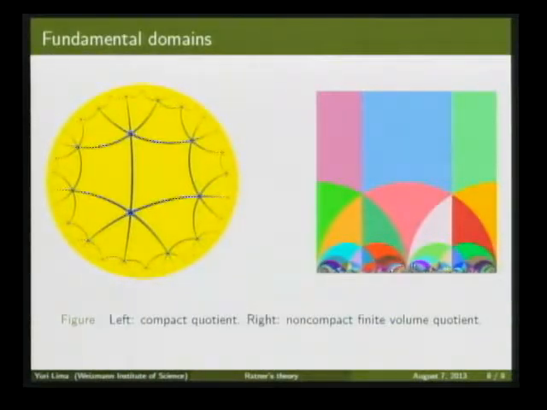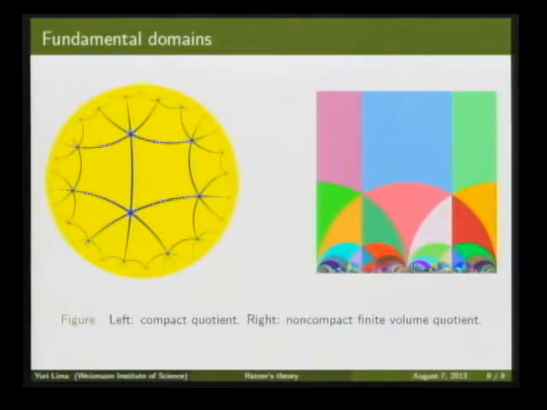I don't remember if every discrete subgroup has one, but every nice subgroup has a fundamental domain, and actually one on which the boundaries are geodesics of your space. In the case of the hyperbolic space, all of these lines that you see in these pictures are geodesics of the hyperbolic plane.